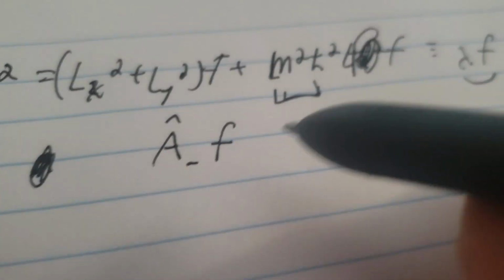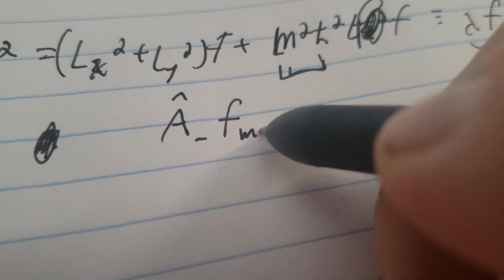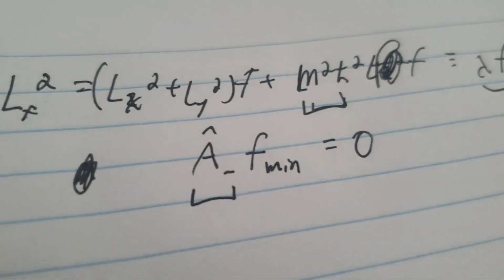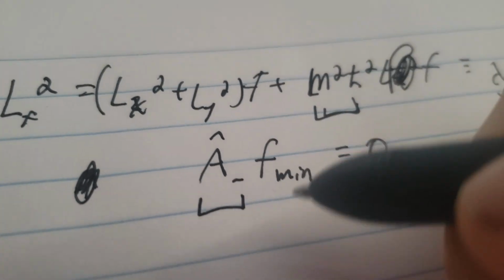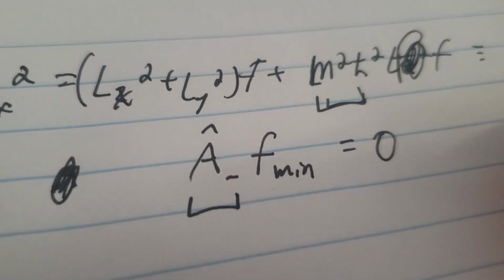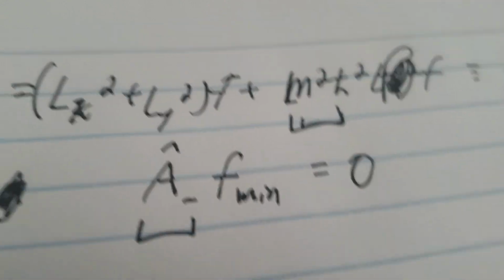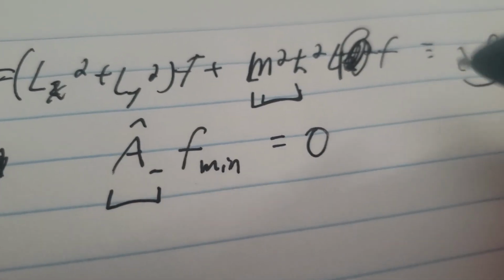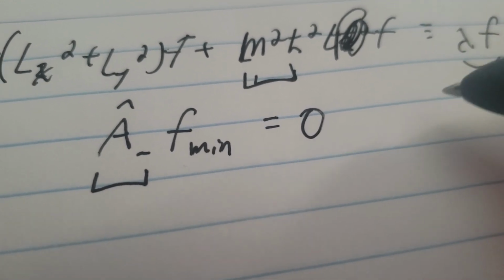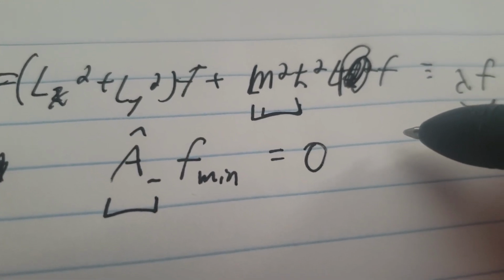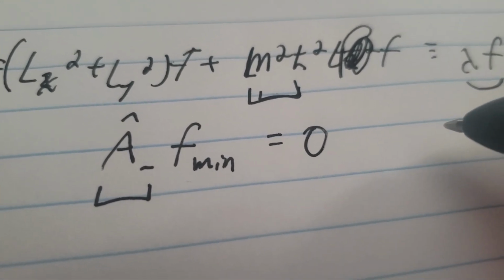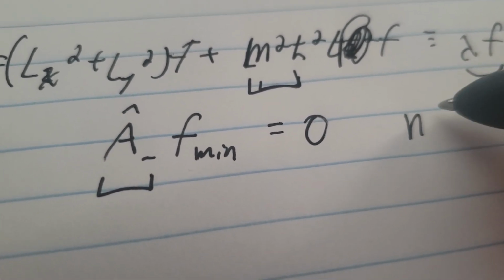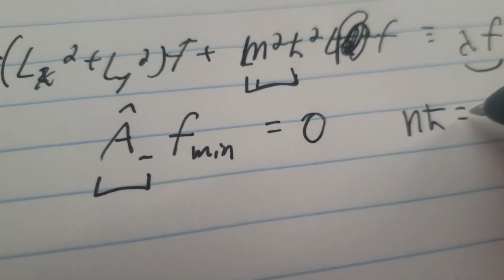So we're going to do a similar argument where we define f min such that the lowering operator acting on f min gives 0. And we'll say that our lowest Lz eigenvalue is n h bar.